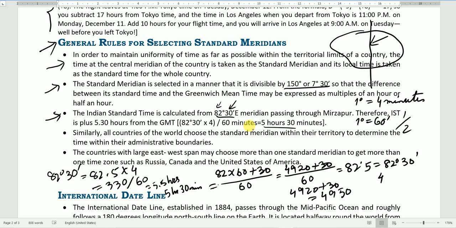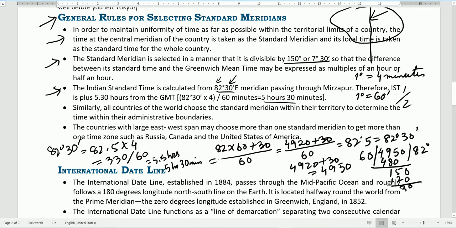If you divide 4950 by 60, you get 82 as the quotient. This is the degree, 82 degrees, and the remainder becomes the minutes. So 30 is the remainder, so it becomes the minutes. That is 82.5, that is 82 degrees 30 minutes.